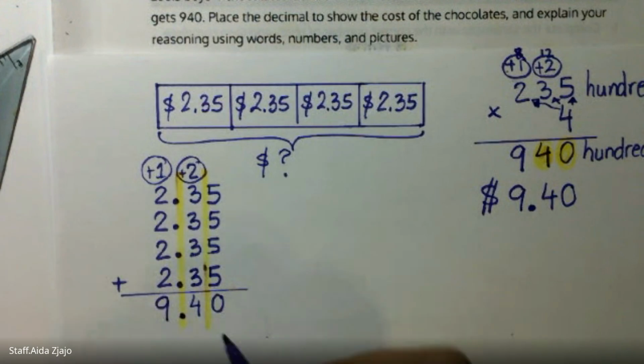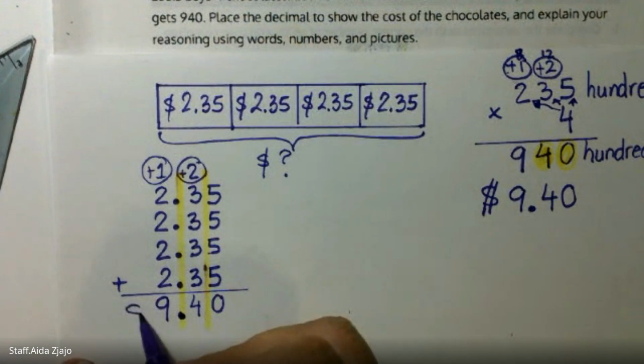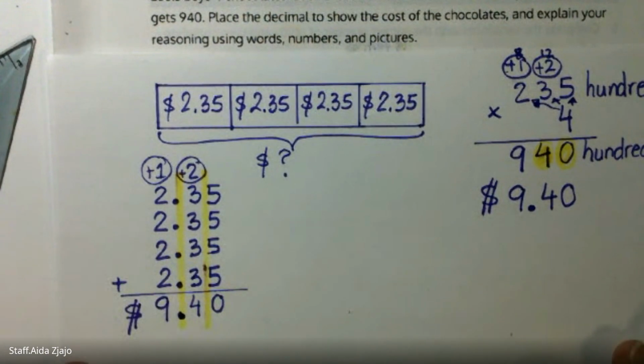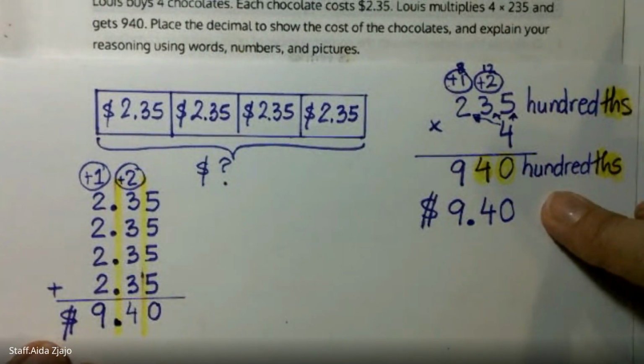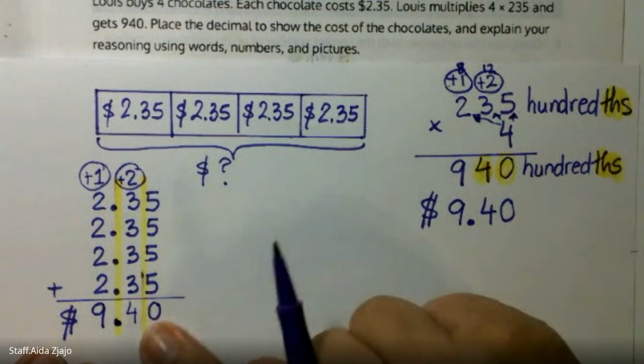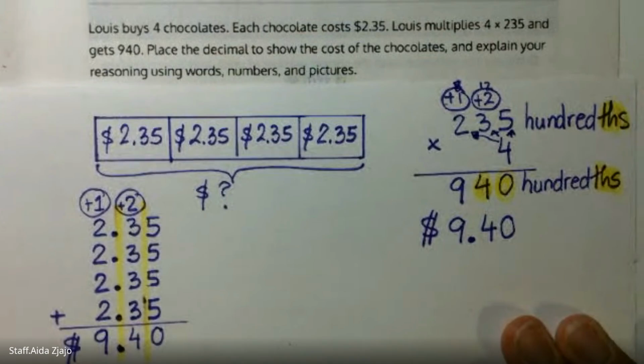So there it goes. That's how I know I did it correctly, because I checked my answer by using the standard algorithm and checked with whole number addition to do multiplication. All right, so that was the answer.